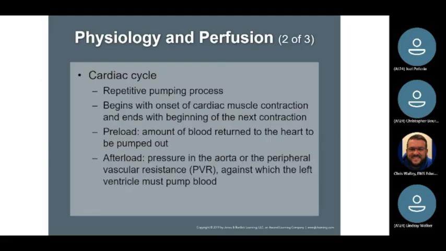The cardiac cycle is a repetitive pumping process that begins with the onset of cardiac muscle contraction and ends with the beginning of the next contraction. Preload is the amount of blood that is returned to the heart to be pumped out. Afterload is the pressure in the aorta, or the peripheral vascular resistance (PVR), against the left ventricle that must pump blood.